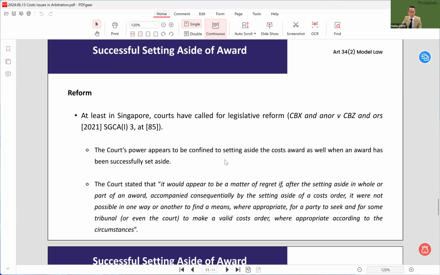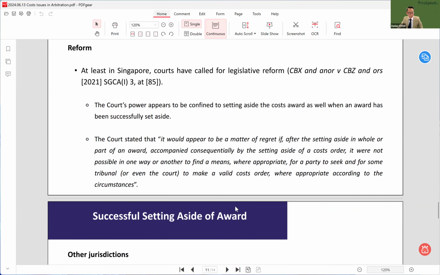And here you see a passage where I've quoted where the court said, and in this case, this was Lord Mans of the SICC, the Singapore International Commercial Court, lamenting that it would appear to be a matter of regret if it was not possible for a party who's managed to set aside the award to get some kind of cost order for the underlying arbitration itself.